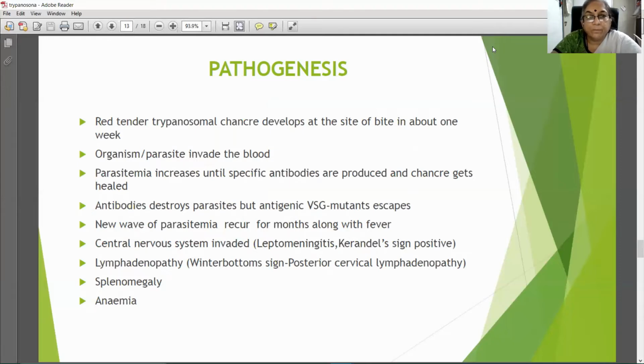The organism from there will invade the blood, and these metacyclic trypomastigotes get converted into the next form.